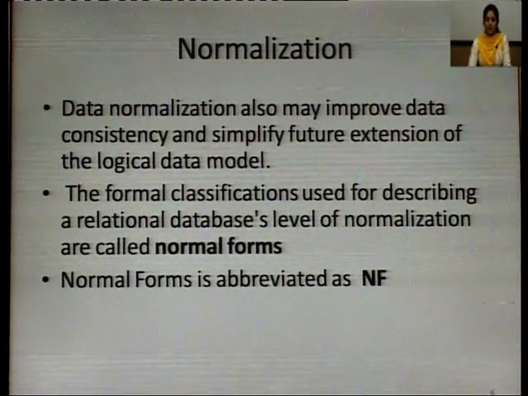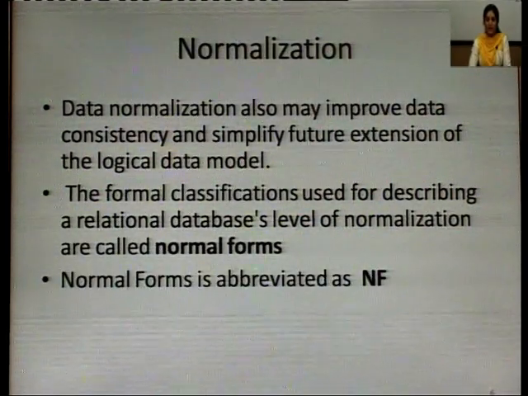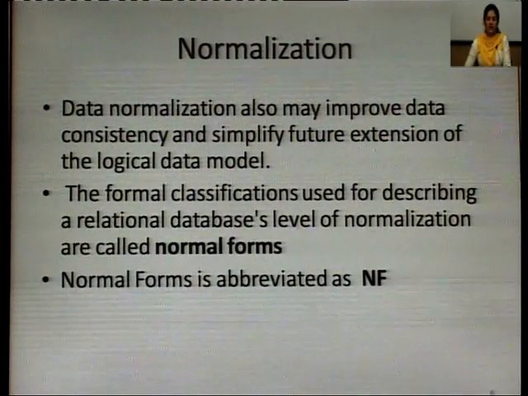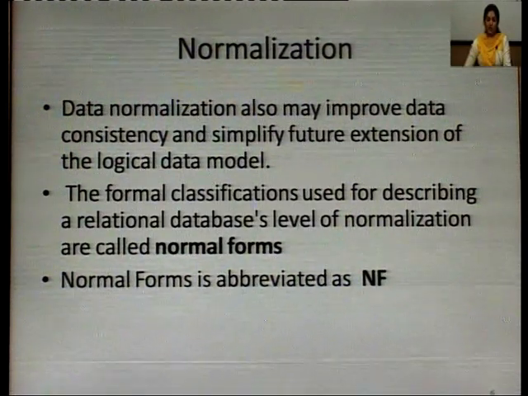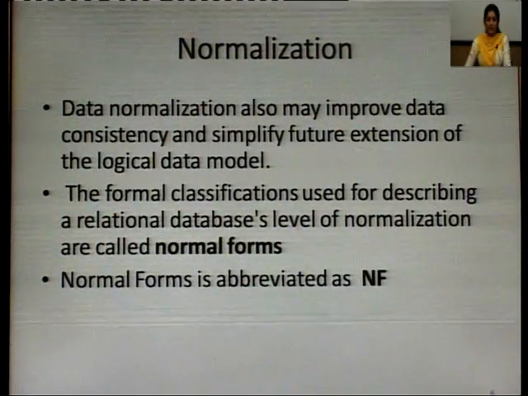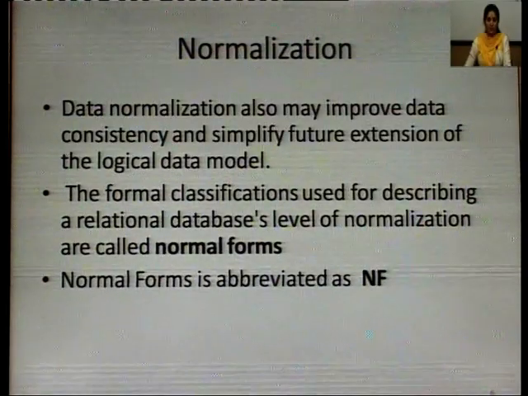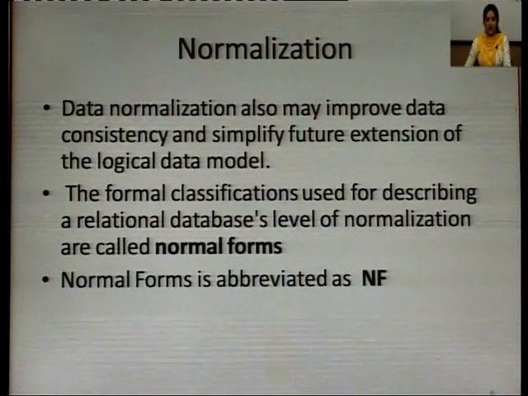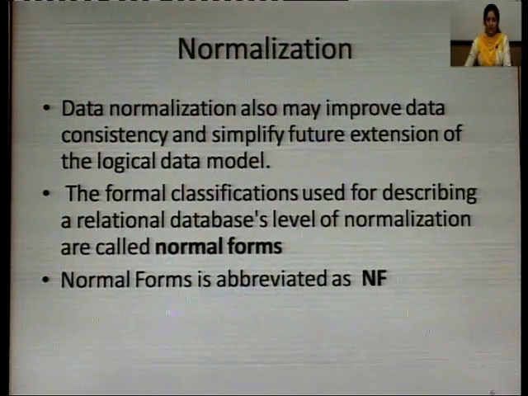Data normalization also may improve data consistency and simplify future extension of the logical data model. By the term consistency, we are referring that the information which is stored in your database should not contradict each other. For example, if we are storing duplicate values, it will result into inconsistency of the information which is stored in your database. The formal classification used for describing a relational database level of normalization are called normal forms.